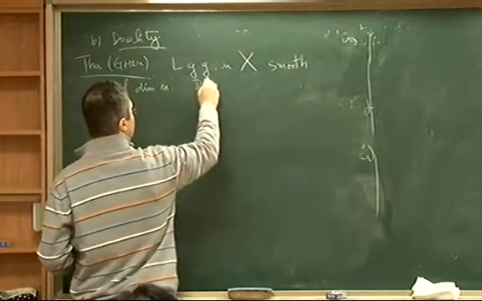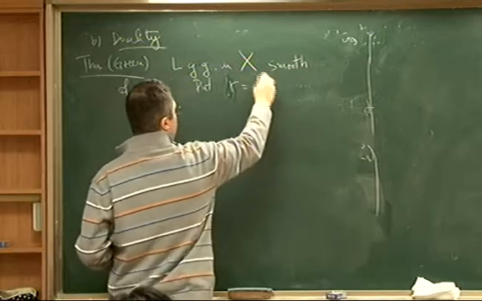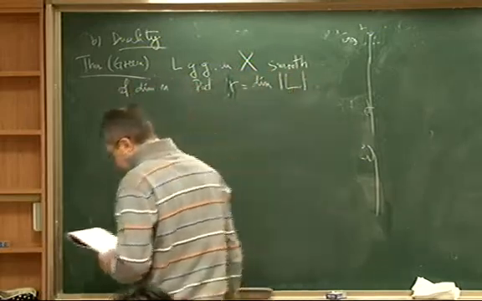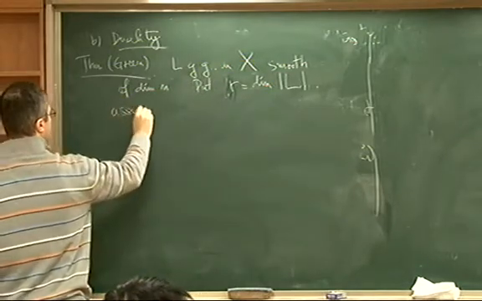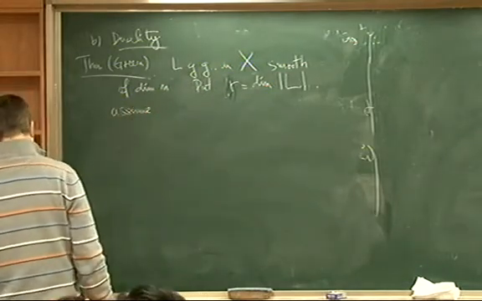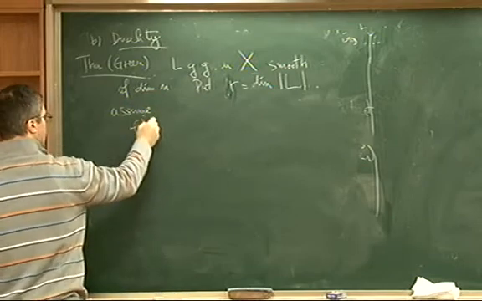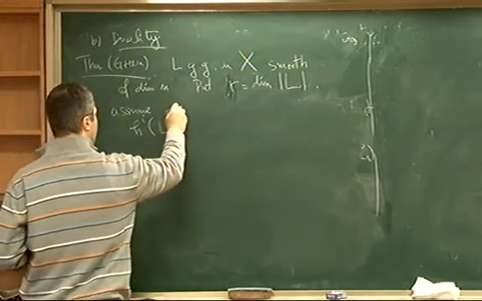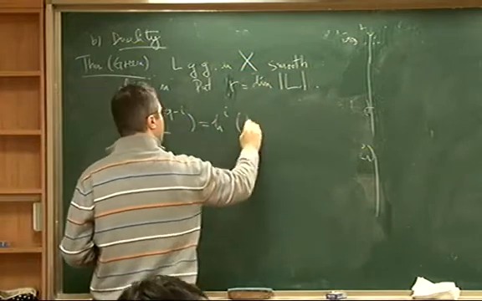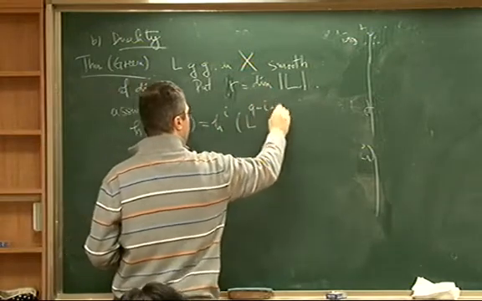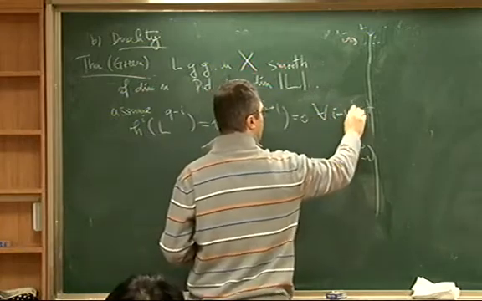We put r as the dimension of the linear system, and assume now we have a set of vanishing conditions which are imposed: H^i(L^{q-i}) and H^i(L^{q-i+1}) are all 0 for i from 1 to n minus 1.